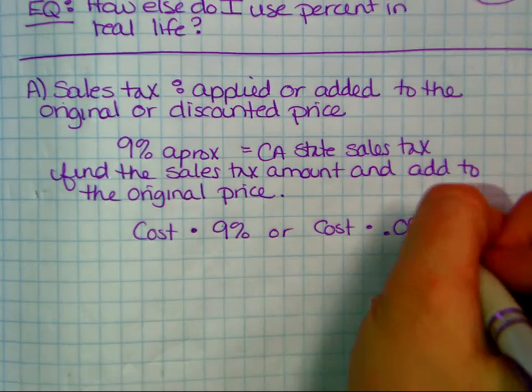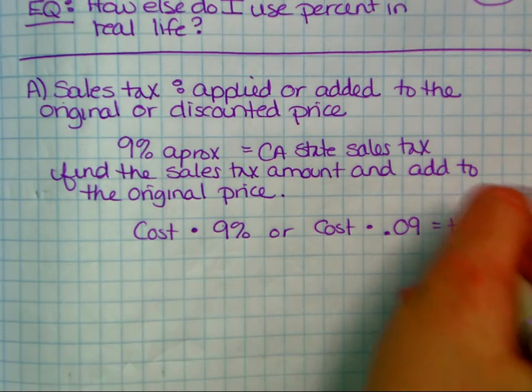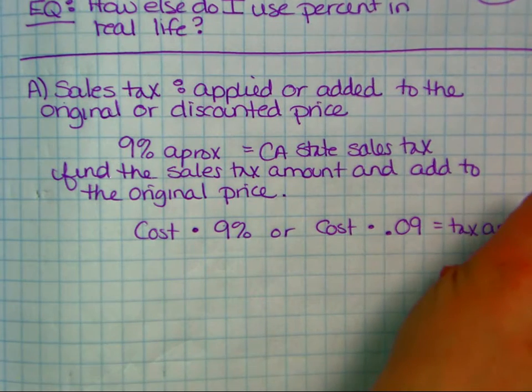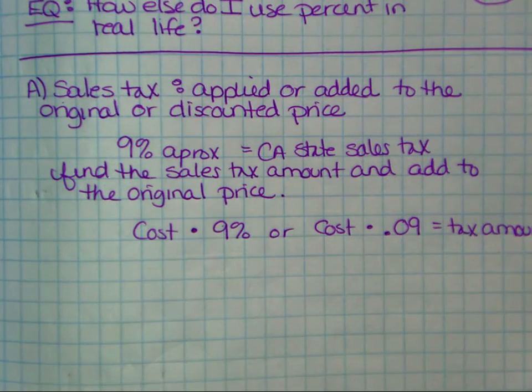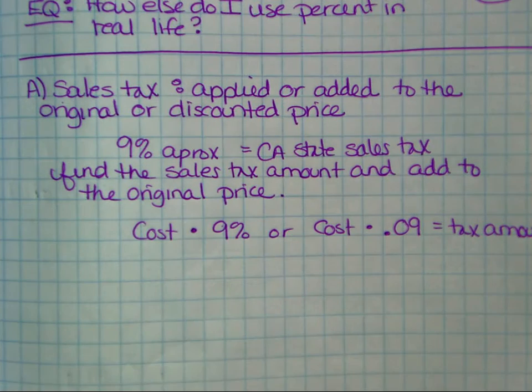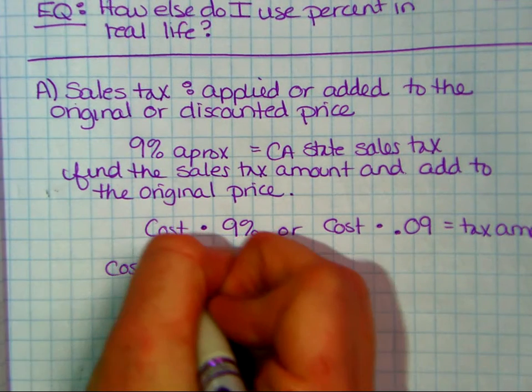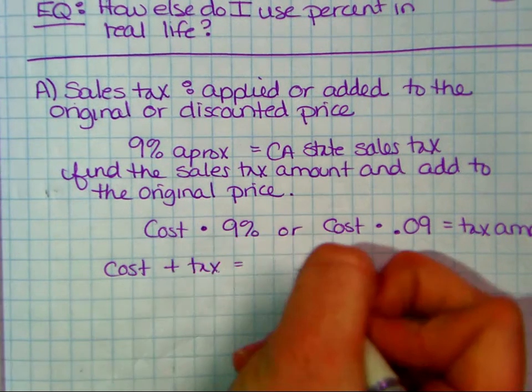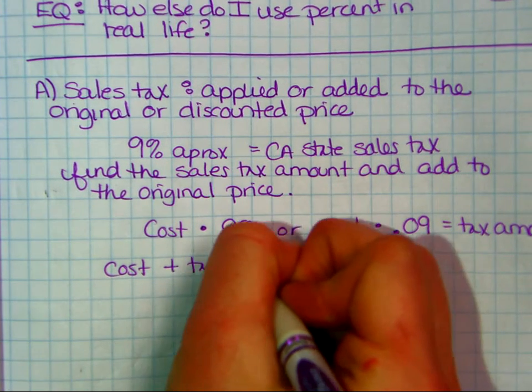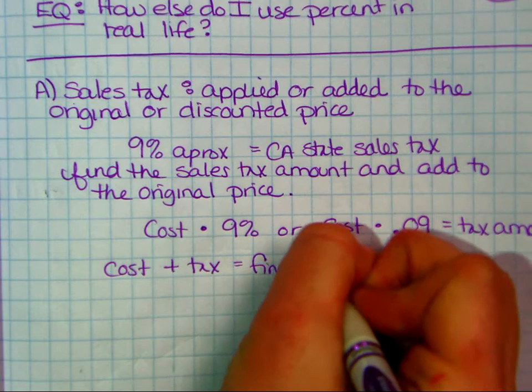And that would equal the tax amount. Then you would do cost plus tax equals final cost.